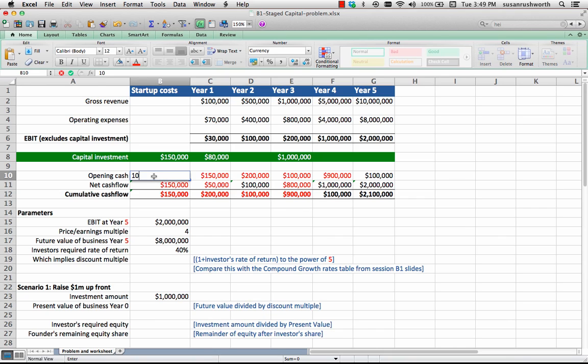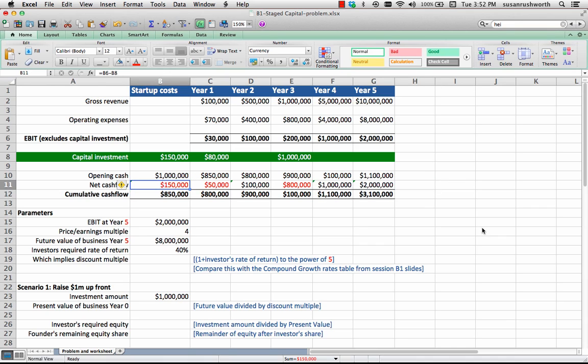And sure enough, if you start off with $1 million, you don't get any negative cash flow or cumulative negative cash flow, and you've got a $100,000 buffer. The question is, in order to secure that funding, how much equity in the business are you likely to have to give up?